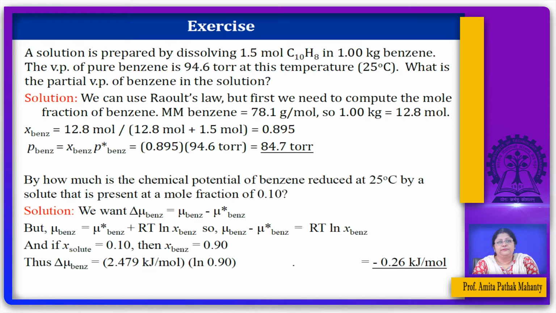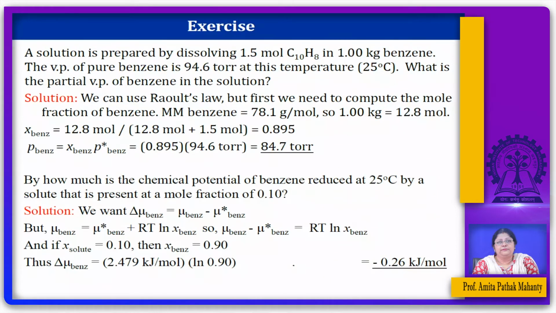What is going to be the partial vapor pressure of benzene in the solution? What does Raoult's law state? Are you with me? Are you people with me? Yes, ma'am. So what will that be?